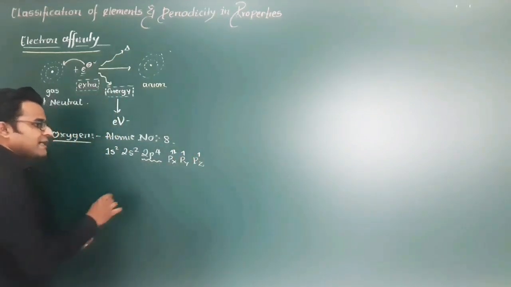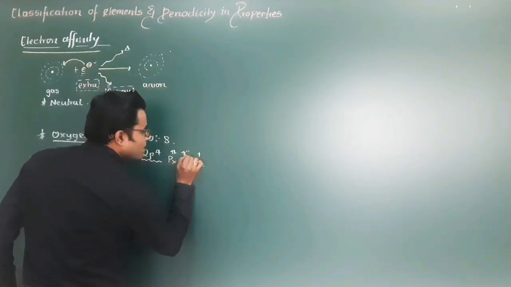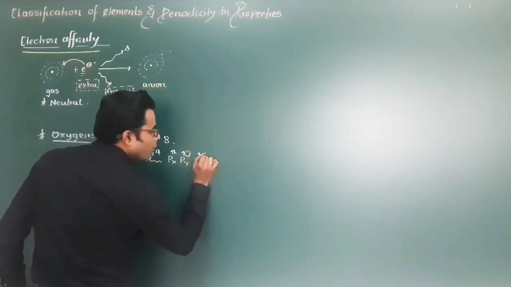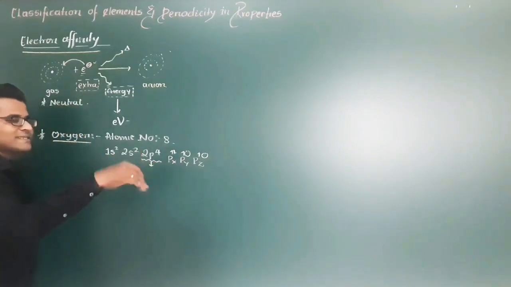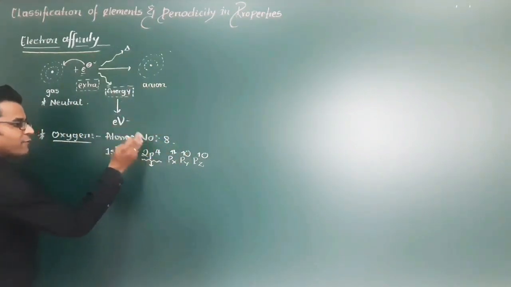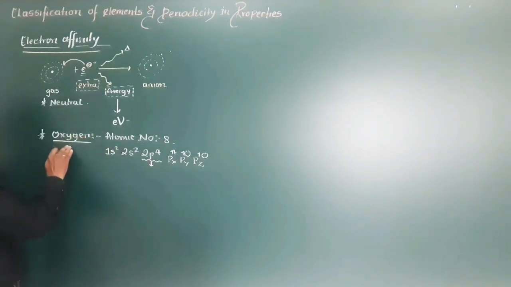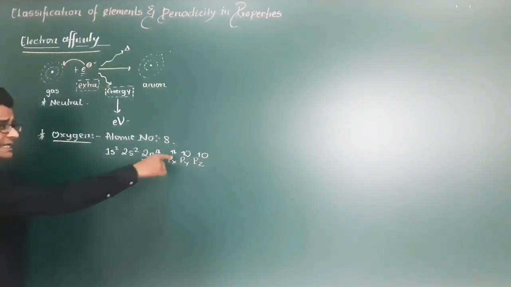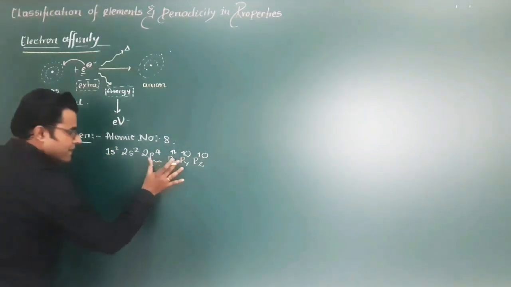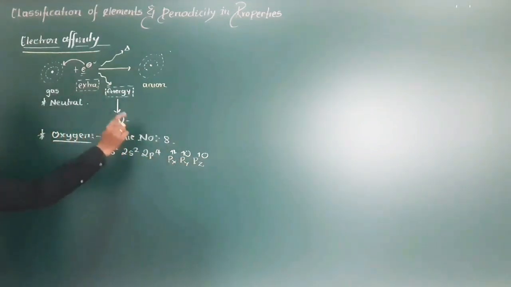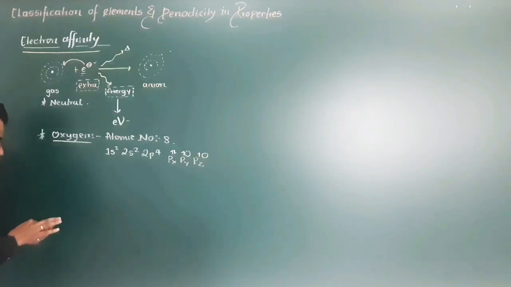Please observe that we have space to accommodate 1 electron here and 1 more electron here. That means the total capacity of p is actually 6, but right now we have only 4 electrons in a neutral gaseous state of oxygen. That means I can insert another 2 electrons. Now, let us observe what will happen when we insert the electrons.